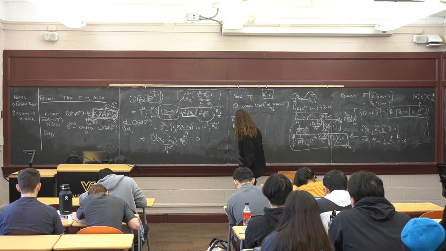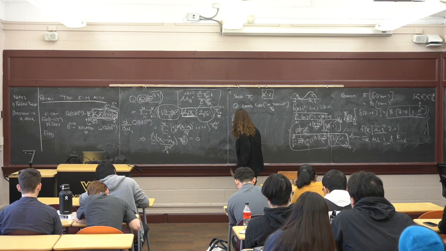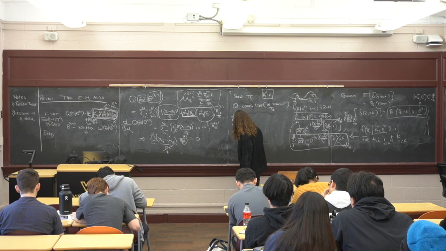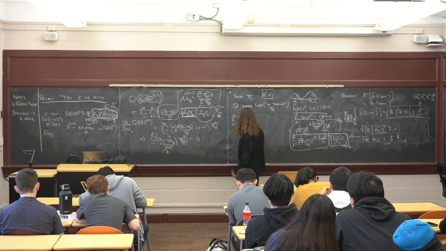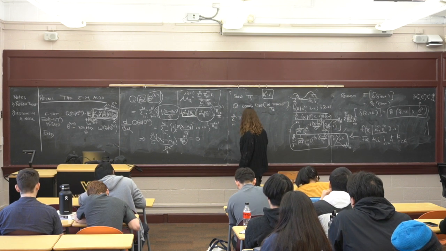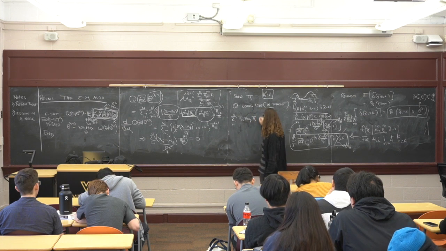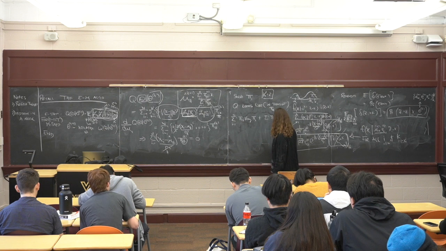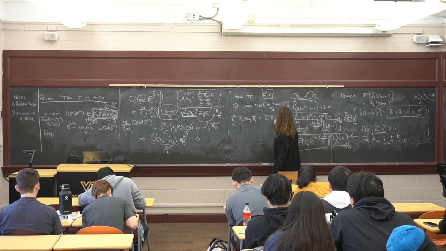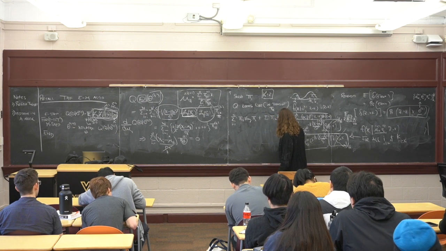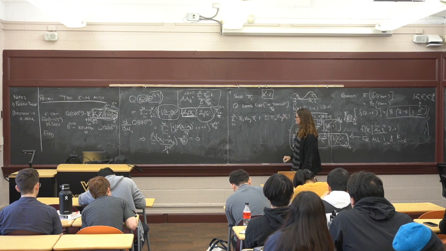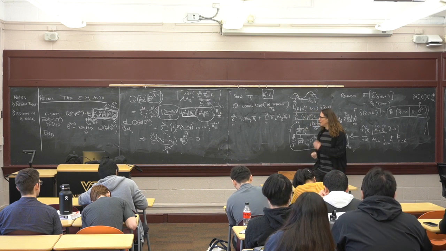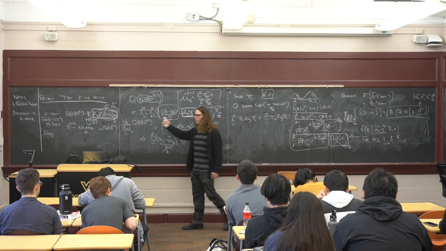It's going to look like this: sum i goes from 1 to n, pi_i1. I looked at this formula.